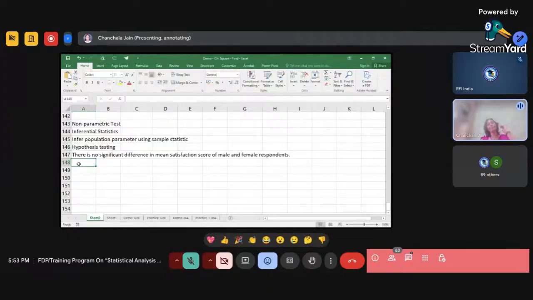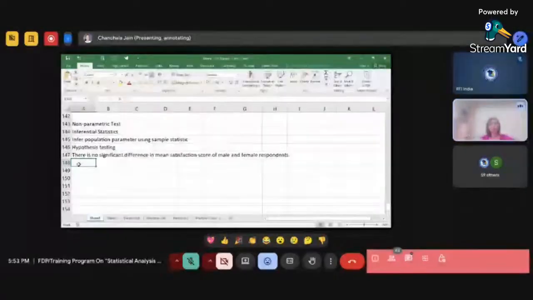We are generally drawing a sample from the population, right? So when you are talking about a sample, whatever we are concluding using the sample, we want to generalize, because whatever my results are saying, I want to apply those results to the population.